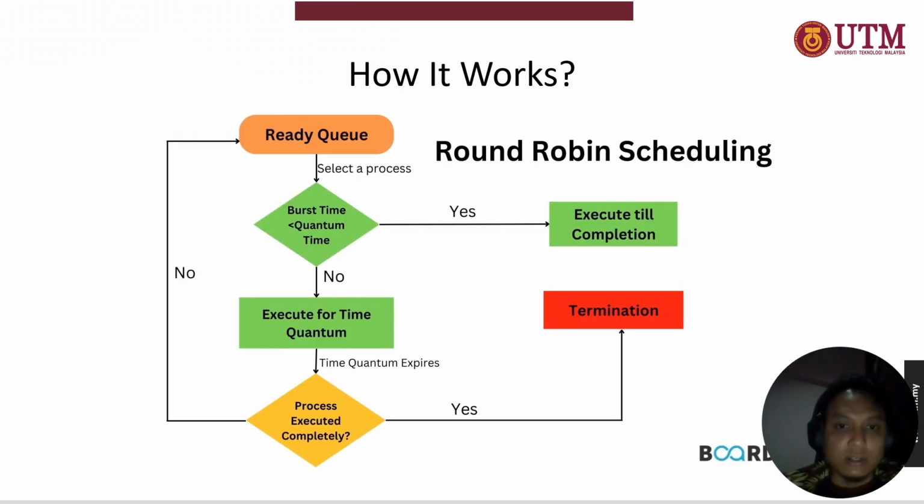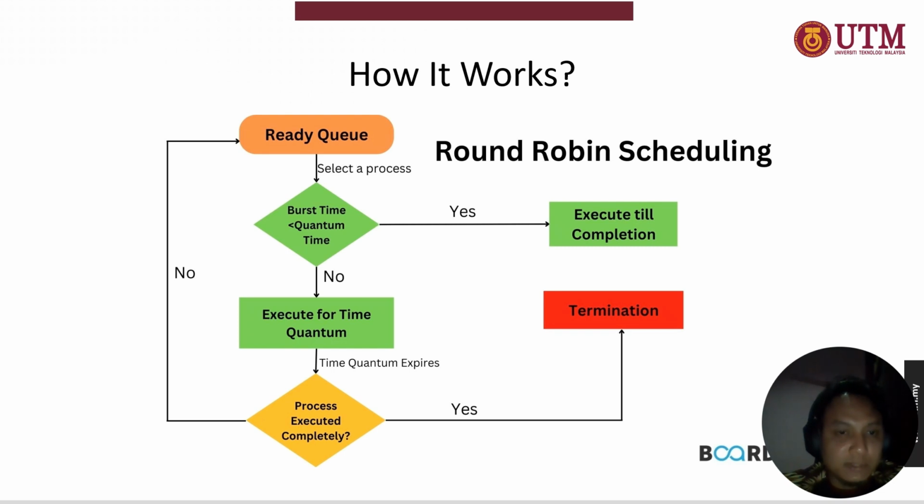So how does round-robin scheduling work? From the ready queue, the CPU will select a process. Then the CPU will determine whether the quantum time is bigger than the burst time. If the quantum time is bigger than the burst time, it will execute the process until complete.